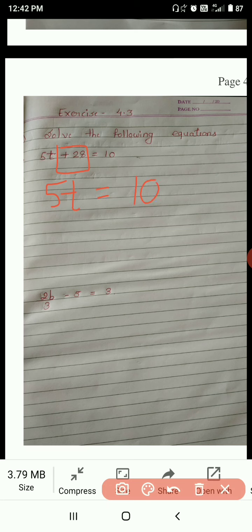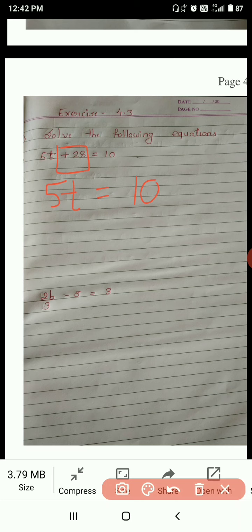Now listen here. When we are using the transposition method, the sign of a number will be changed. Whatever number you are transposing, its sign will be changed after changing its place. So here you are changing the place of 28.